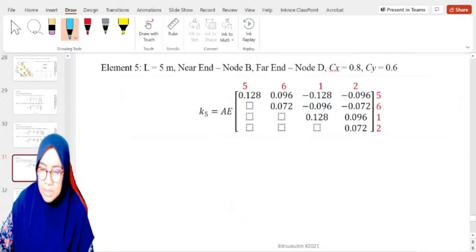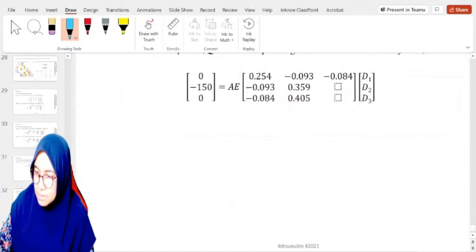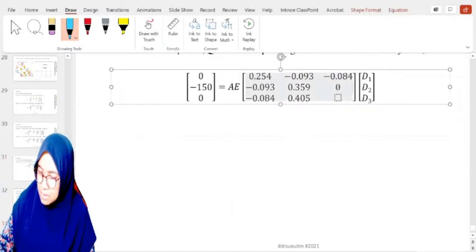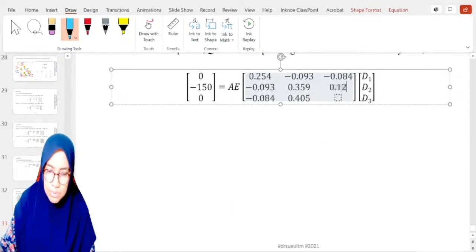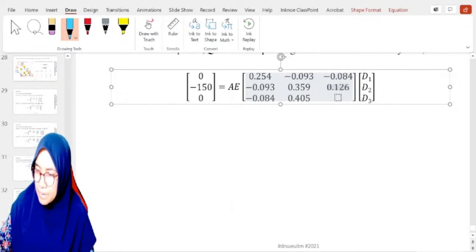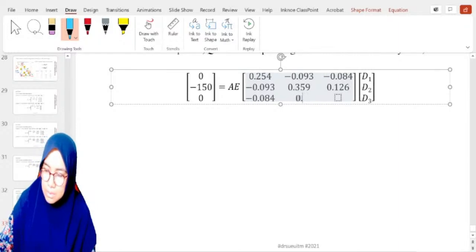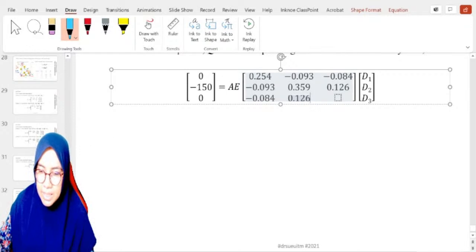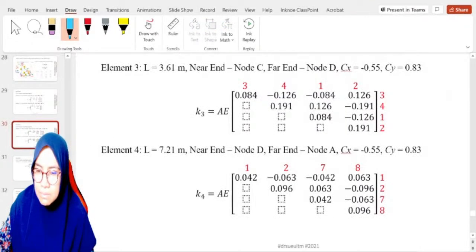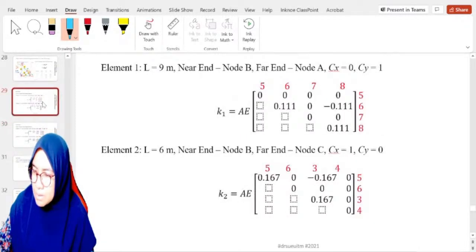It is only 0.126. And 3, 3, we find in K1.